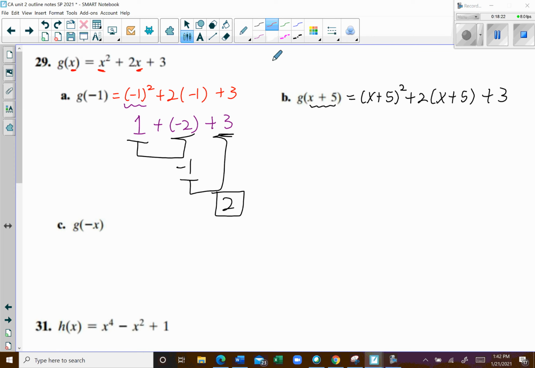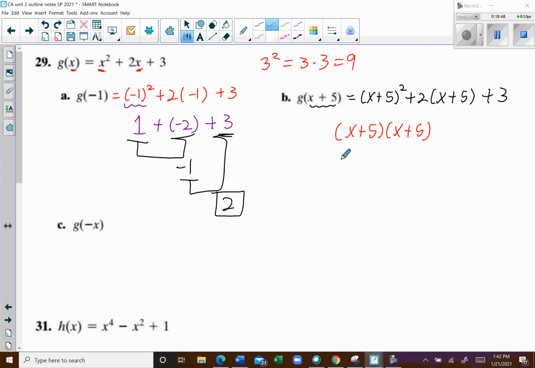So you know if you square something, like for example 3 squared is 9 because it's 3 times 3, which equals 9, right? 3 squared is 9. Well, x plus 5, if you're going to square it, it's going to be x plus 5 times x plus 5. And what we're going to have to do is go ahead and FOIL that. So I'm going to go ahead and take care of this real quick before we move on to the other parts.